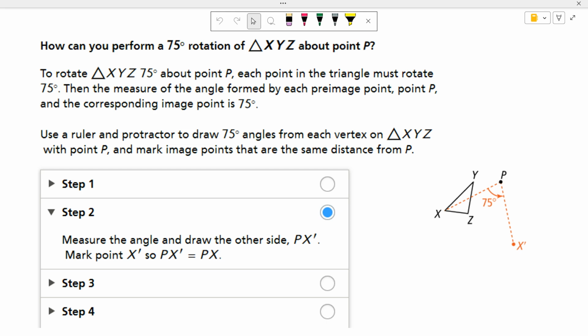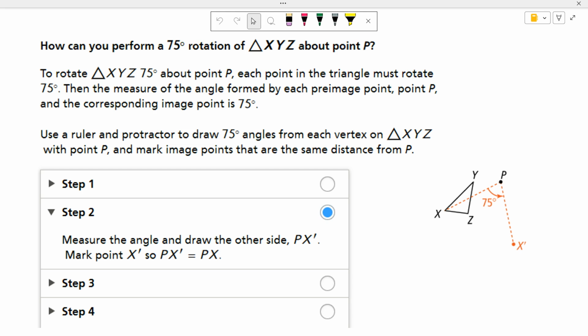I'm going to grab a piece of paper to help me out here. So point P is here, and then we have my triangle X, Y, Z. Now, when I rotate around my point, my triangle turns around the point like this.